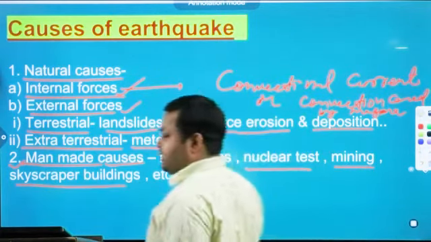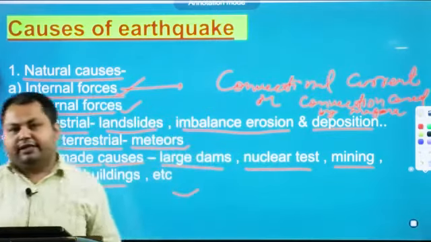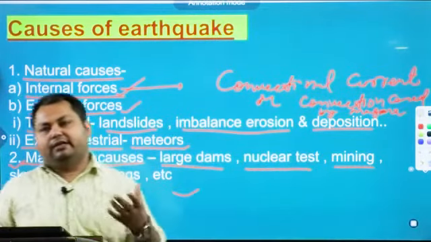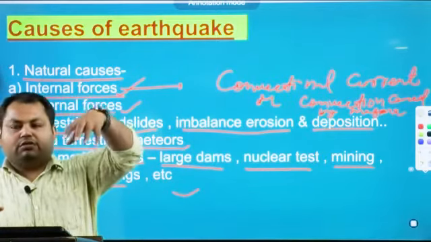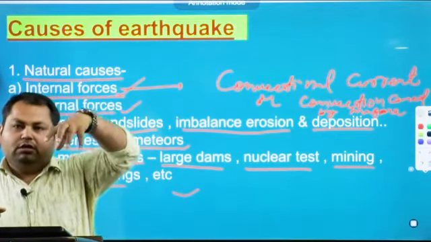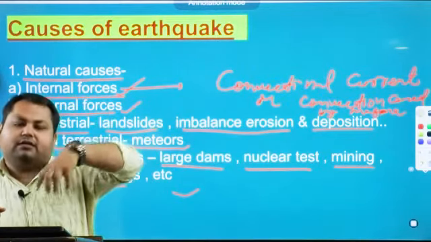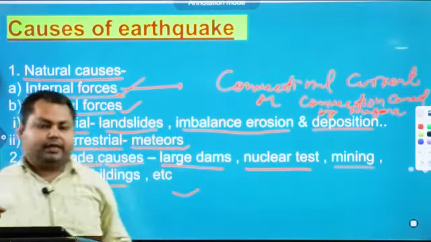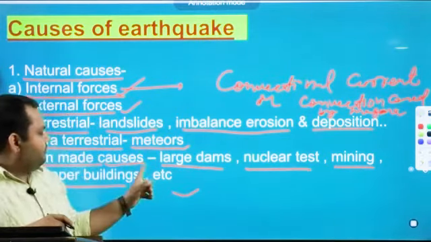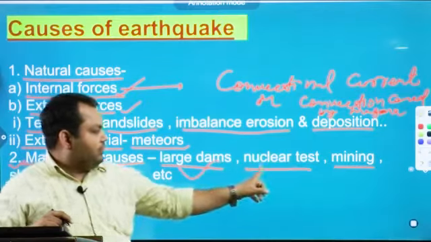Large dams cause plate imbalance. Creation of large dams like Bhakra, Nagal, Tehri dams applies huge load and affects the zones, so there may occur the earthquake under influence of large dams. Secondly, we talk about nuclear tests.